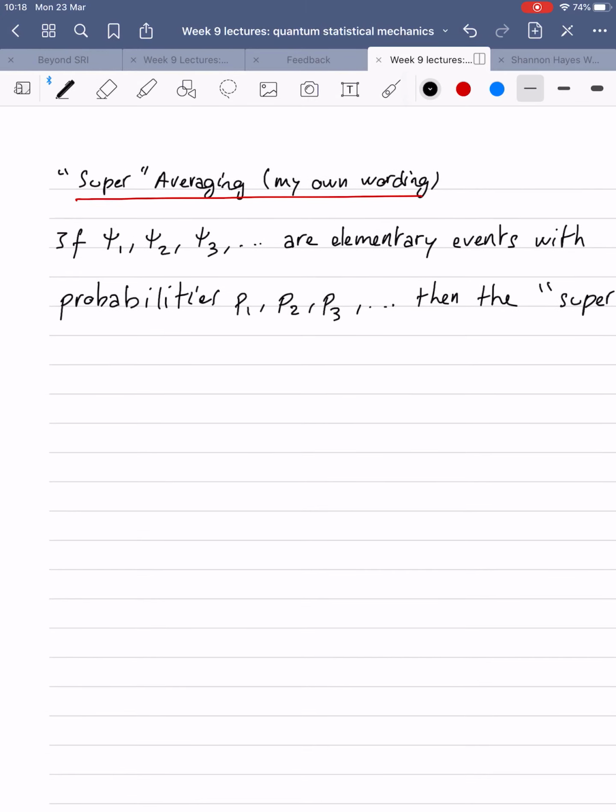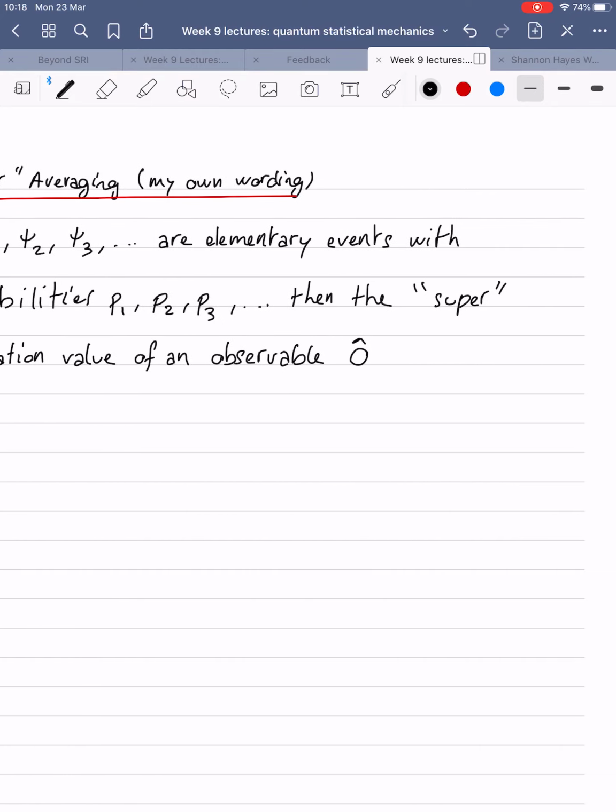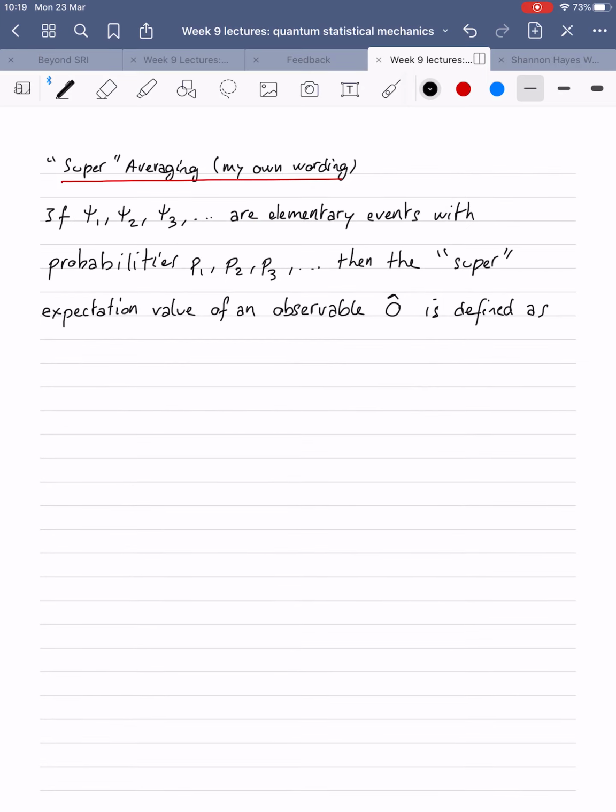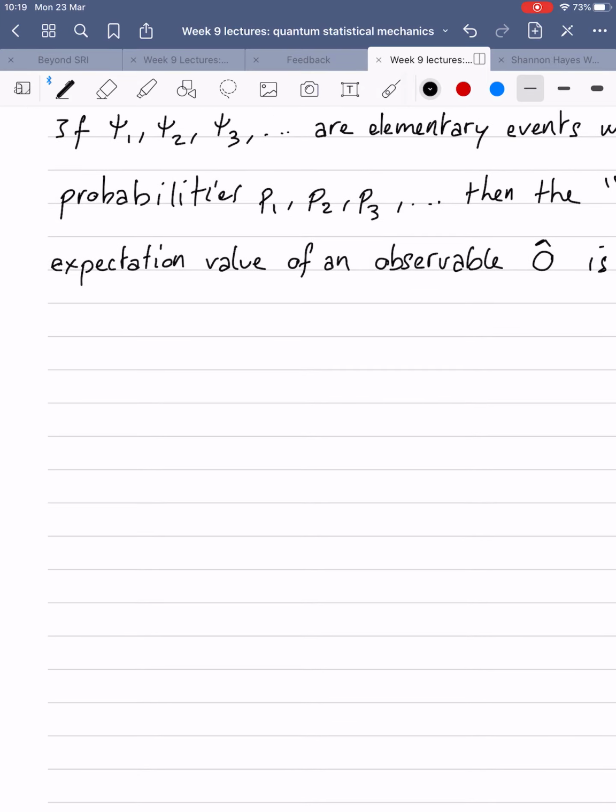Okay. Then we define the so-called super expectation value of an observable O as the following quantity, and that's very important.